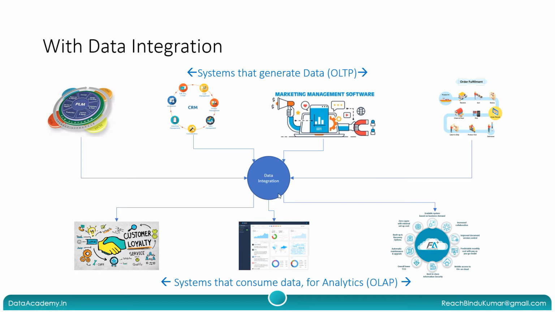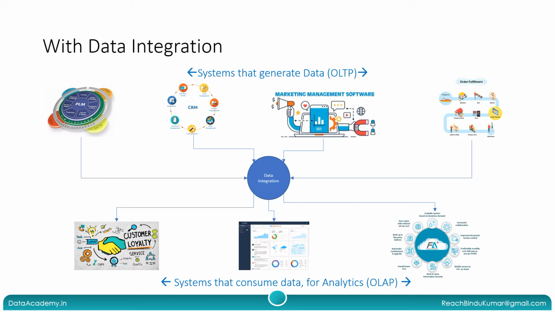Then that data can be reused multiple times by the different systems. Also, the systems that need to consume the data, for example all these OLAP systems, don't have to connect to different systems now. They just have to connect to this one central location and get the data that they need. So at a high level, this is the goal of every data integration project.